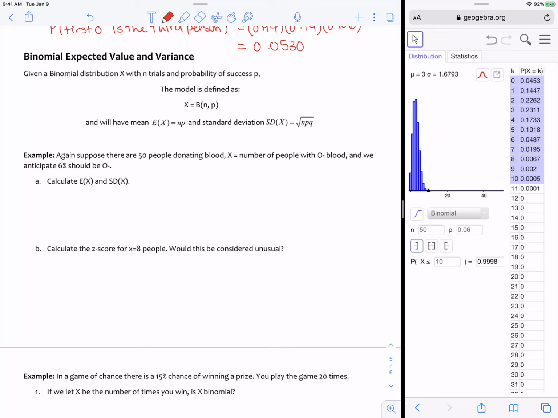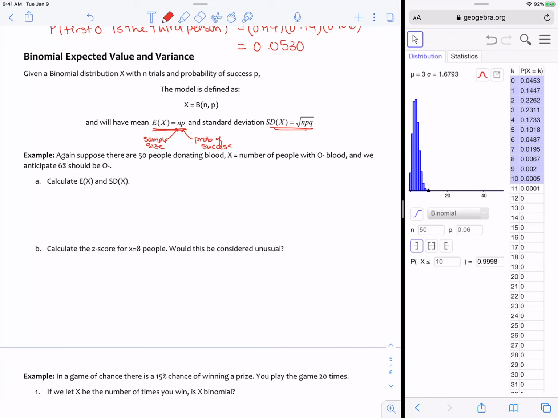And it actually turns out the calculation of that expected value is pretty easy. If we have a binomial distribution, our calculation for the expected value is just equal to NP. N being that number of trials or sample size, so sample size times the probability of success.